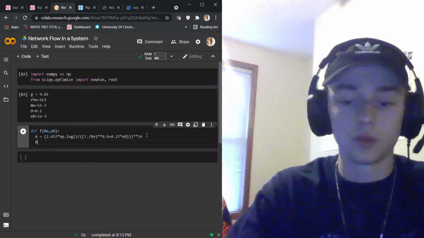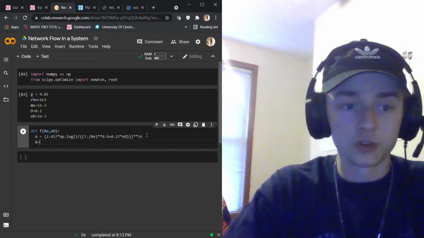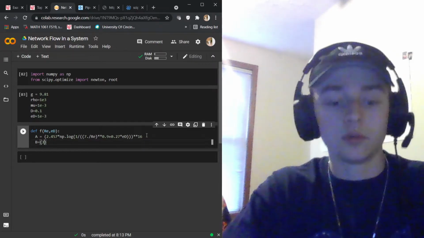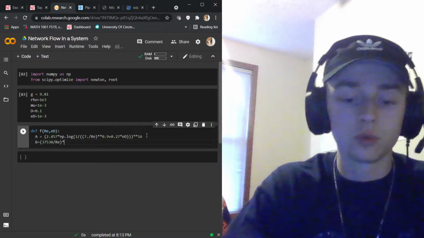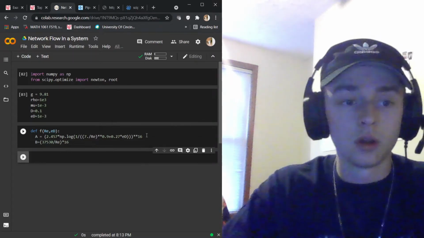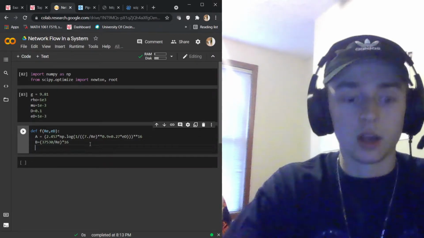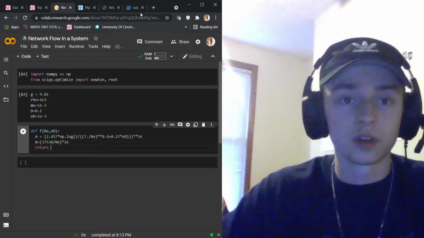We did not. And then B, part of the Churchill equation, is 37530 divided by the Reynolds number, rho dV over mu, raised to the 16th power. Good, no typos there. And what we want is to return the friction factor function.